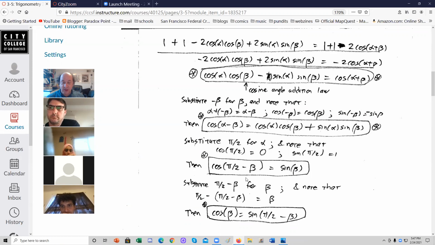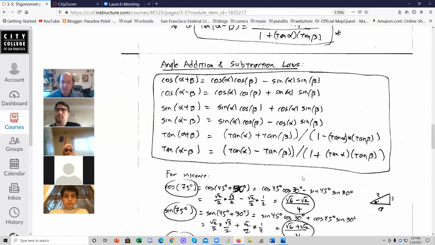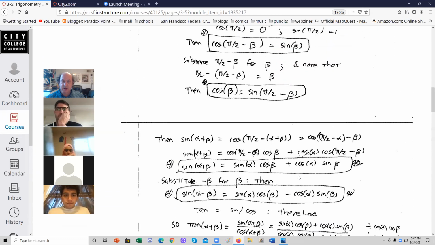And if we now substitute pi halves minus beta for beta here and here, and note that pi halves minus beta gets you beta, then cosine beta equals sine of pi halves minus beta. Now we've seen this before: trig of complement equals cotrig of angle. But this is for general angles, not just the acute angles. We'll deal with that later.